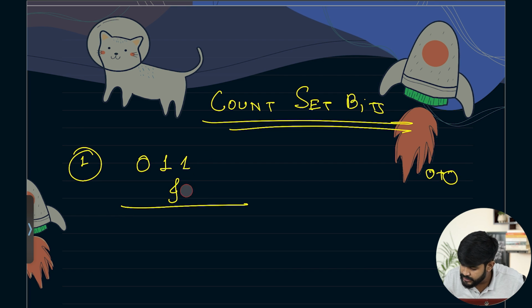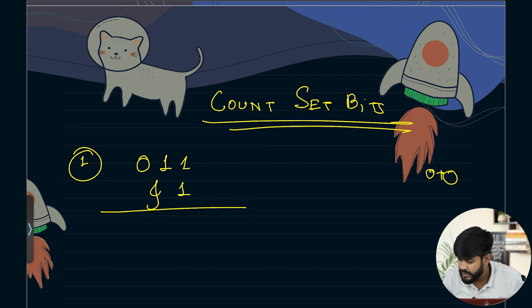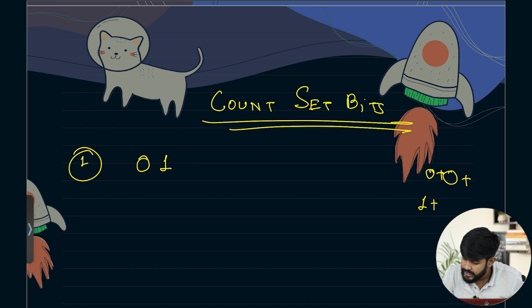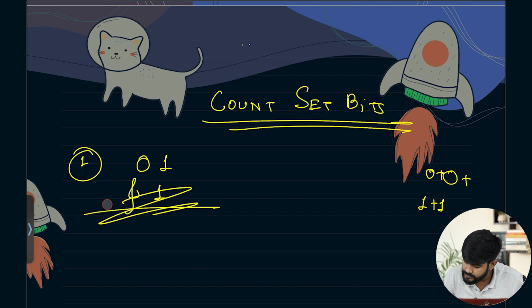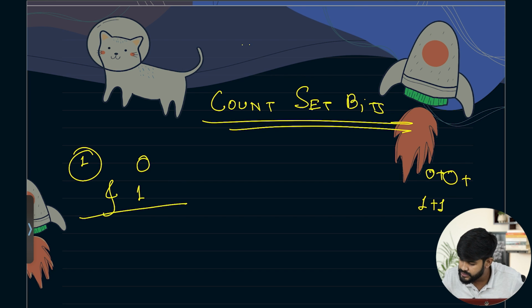Again, I would do a right shift. This would become something like this. I would do again an AND with 1, and this would result in 1, so 0 plus 1. Again, I would right shift and do an AND with 1, and this would also result in 1. And again I would do a right shift by 1, which would result in 0.